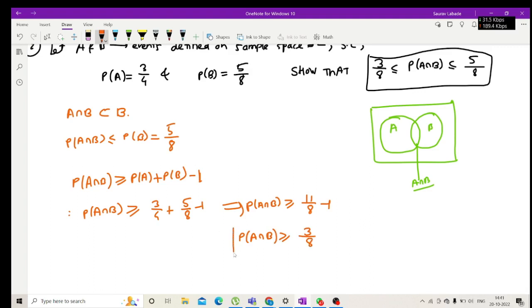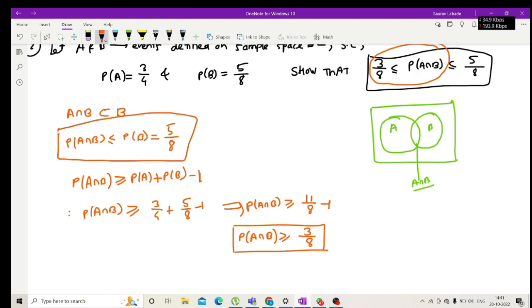Okay, so this is the first condition which we get already. That means half of the proof we have proved now: it is greater than or equal to 3 by 8. Now we have to prove the other part. How can we prove that? I think this we have also proved already: probability of A intersection B is less than or equal to probability of A. So this is the first part of the proof, and this is the second part.